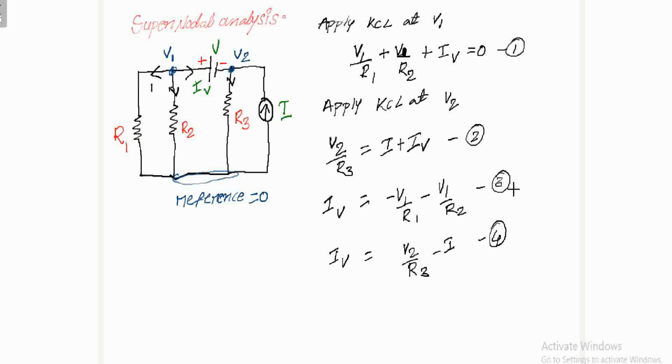Let us equate equation number 3 and 4. So by equating, we can write minus V1 by R1 minus V1 by R2 is equal to V2 by R3 minus I.